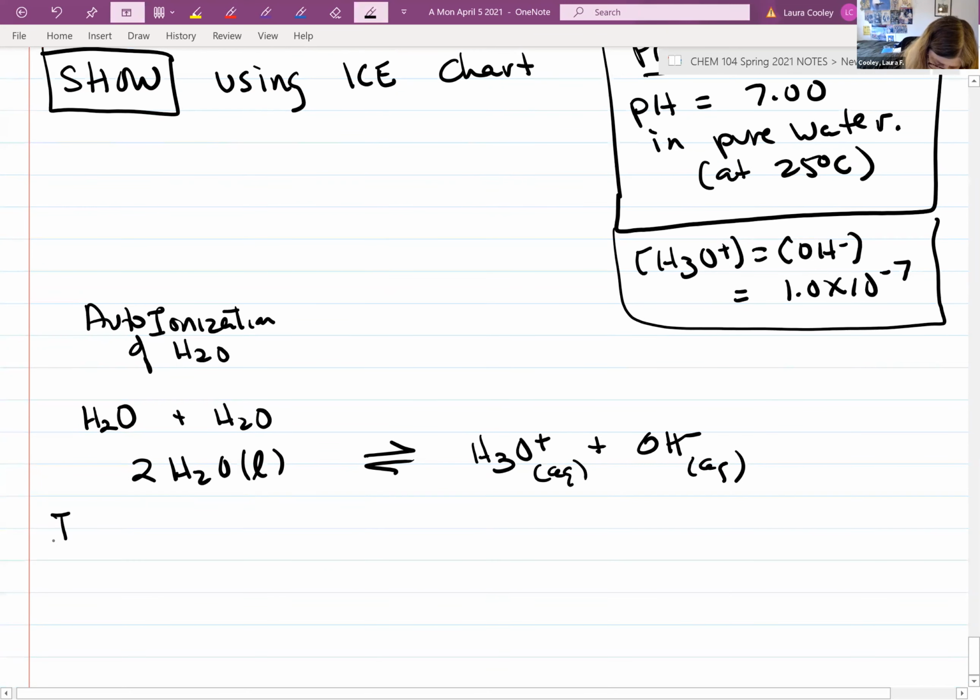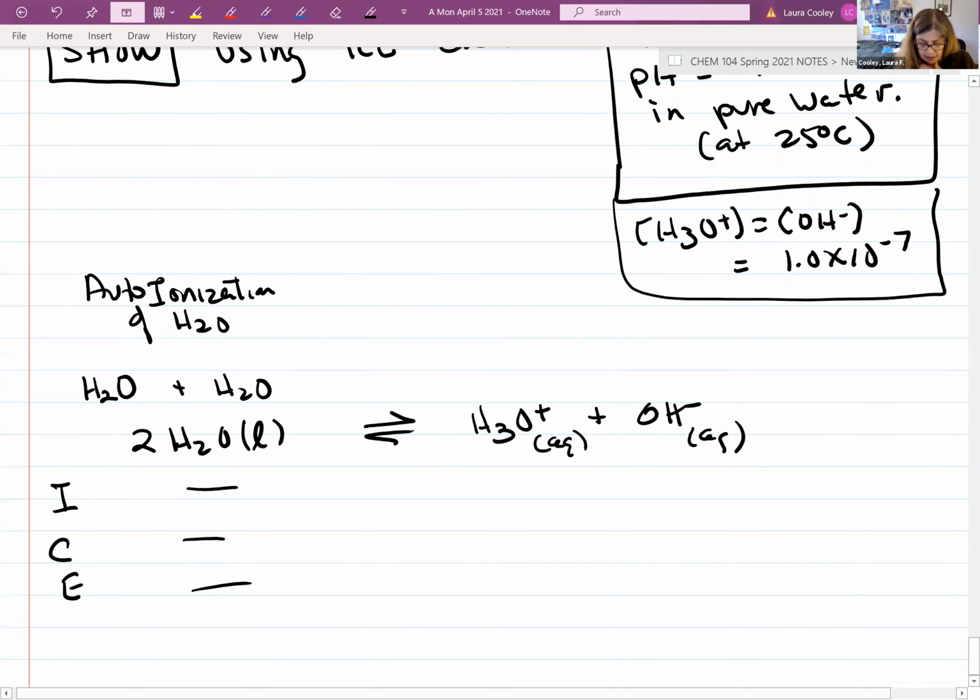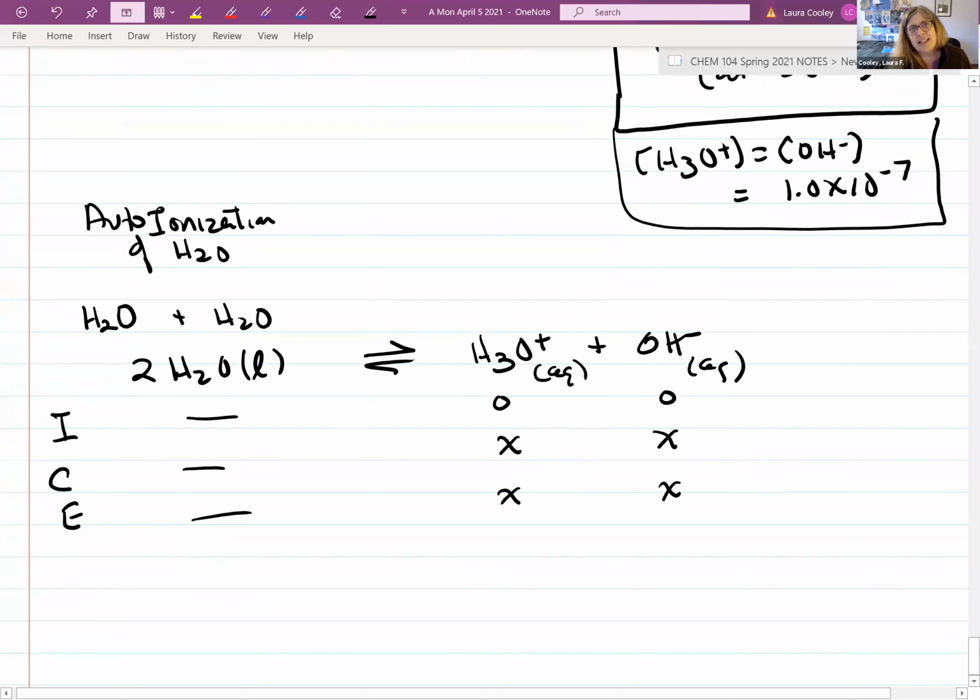And we're going to set up an ice chart, but there's nothing to worry about on the left side because it's a liquid. It doesn't appear in the equilibrium. We start, say, at 0. How much H3O plus and OH minus forms? That's X. And then we just have X here. So we have about the simplest solution of an ice problem that you could possibly have.